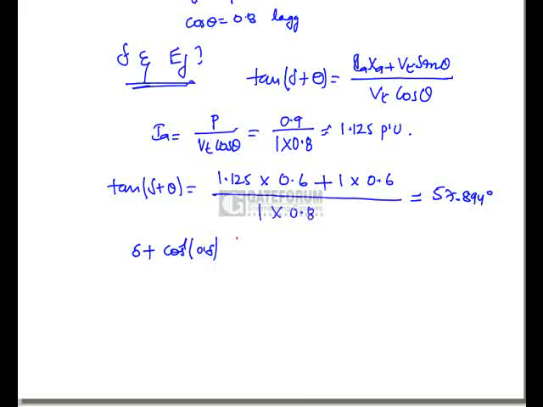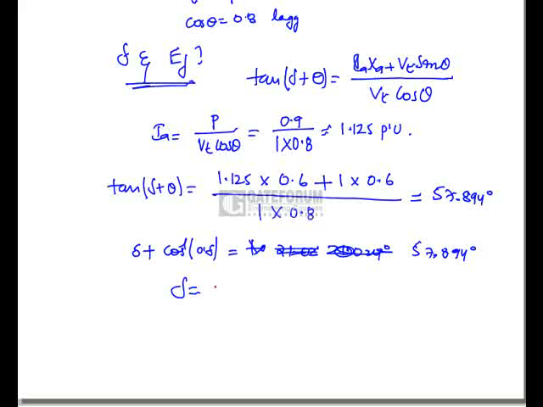From this we can write delta plus theta, where theta is cos inverse of 0.8, which gives you around 36.86 degrees, equal to 57.894 degrees.